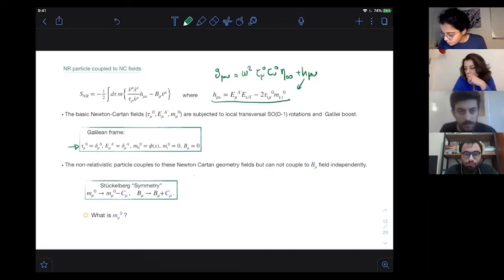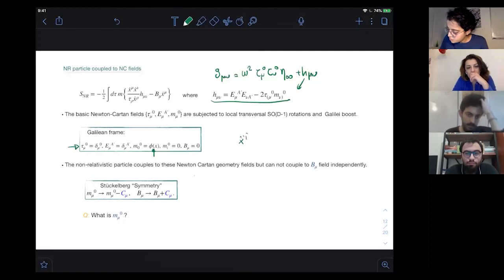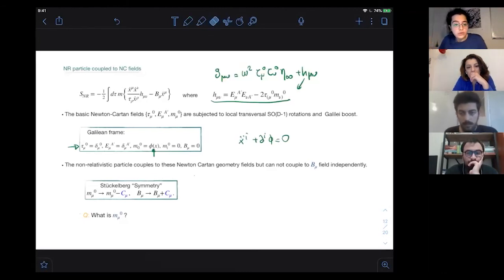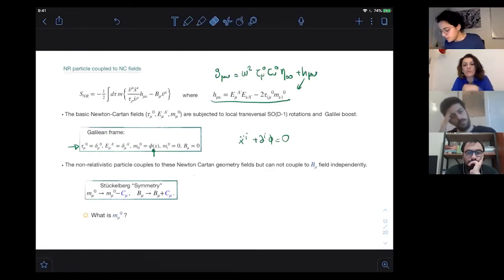The Newtonian potential would occur in M_00. If you plug this into the action, it gives you the equation of motion I introduced at the beginning. That's good. I can reduce the covariant action to a non-covariant action and get the right result.